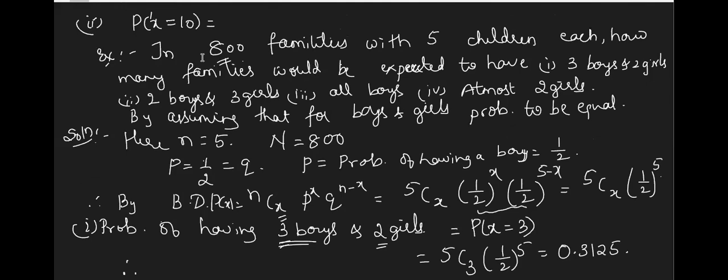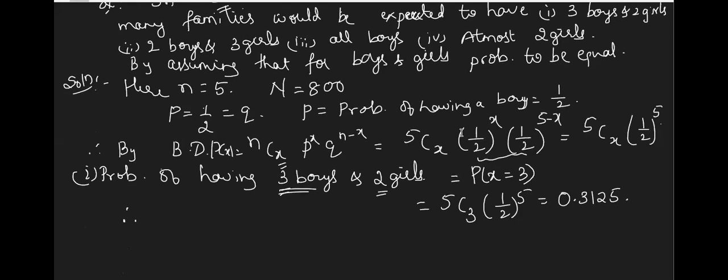They have asked, in 800 families, how many families will have this condition? You have to predict it. Multiply this probability value by 800. That is nothing but the number of families.